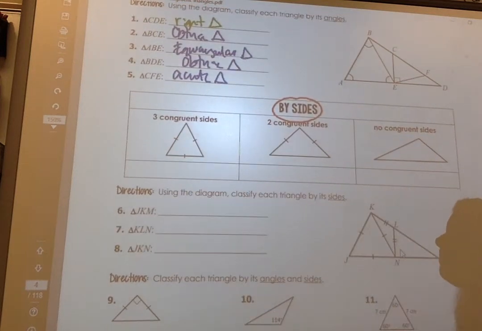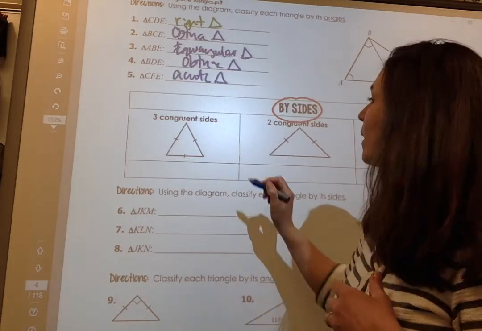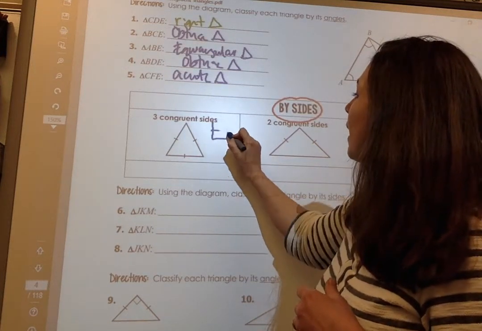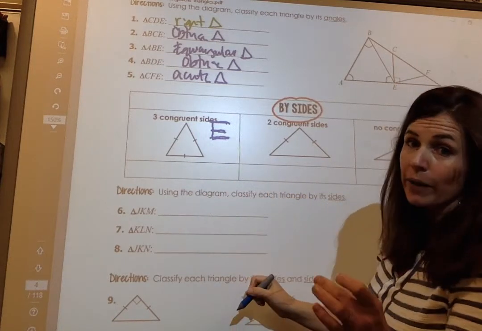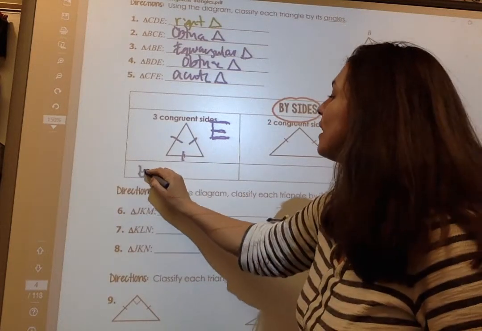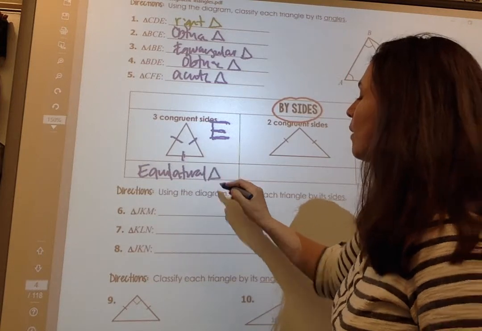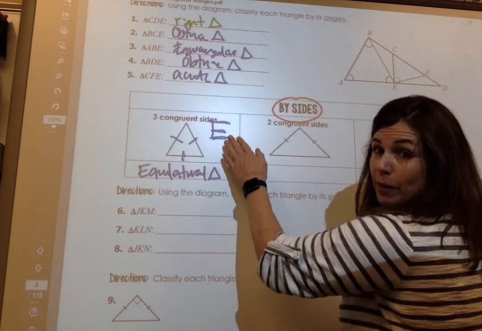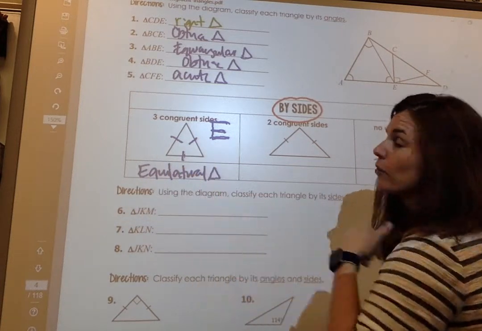When we look at by their sides, here's what I like to think about, and this makes it easy for me, is that if you look at the capital letter E, 3 lines are parallel. If 3 lines are the same, that's equilateral. You have an equilateral triangle. Three parallel lines in the word equal, 3 equal sides, equilateral triangle.